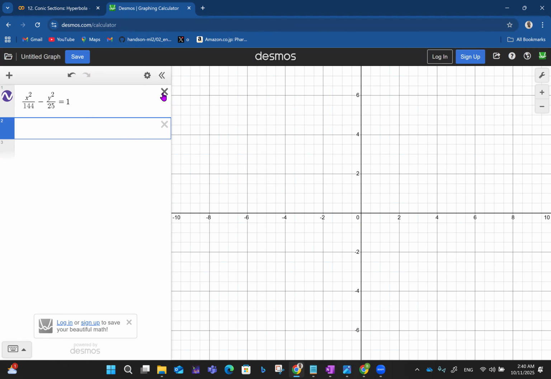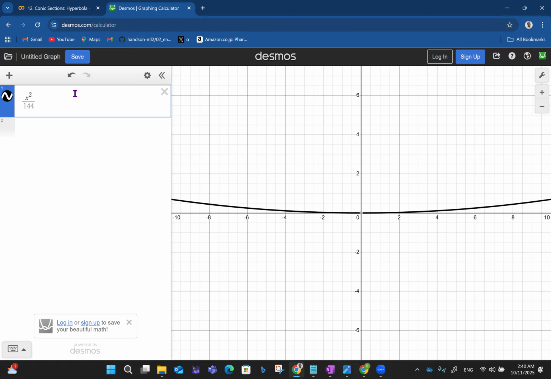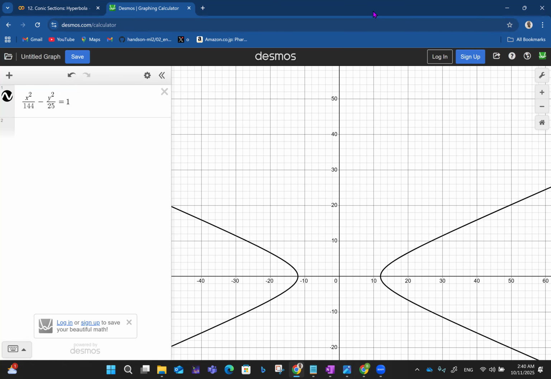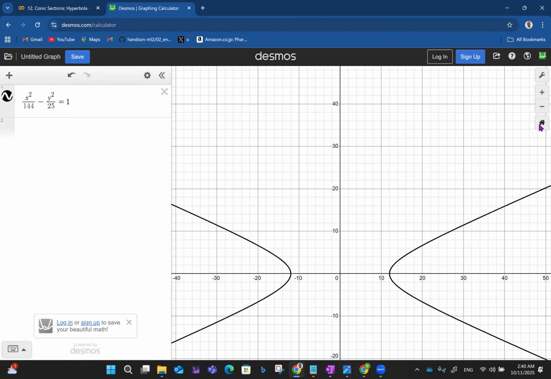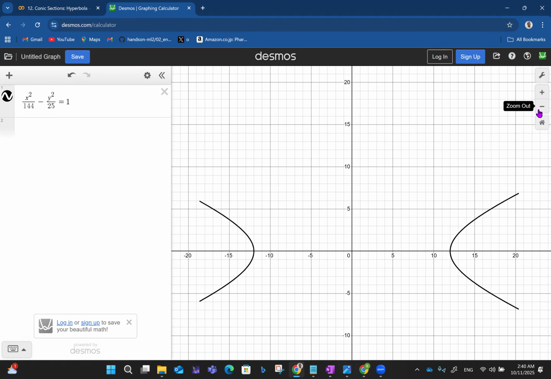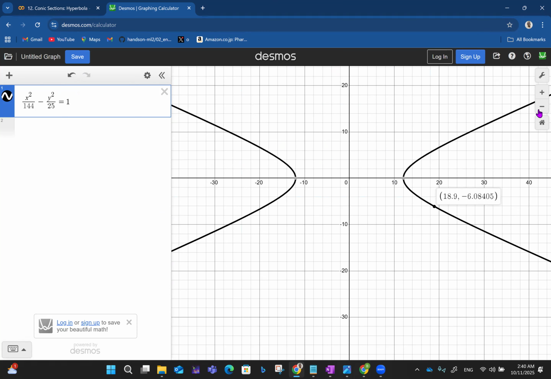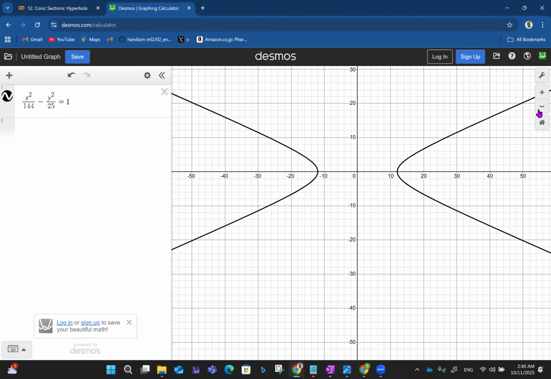Oh, what's wrong? Okay, let me go again. x raised to power 2 divided by 144 minus y raised to power 2 divided by 25 equals 1. Ah, okay, it was there all this while, except that it was far away. So this is it.